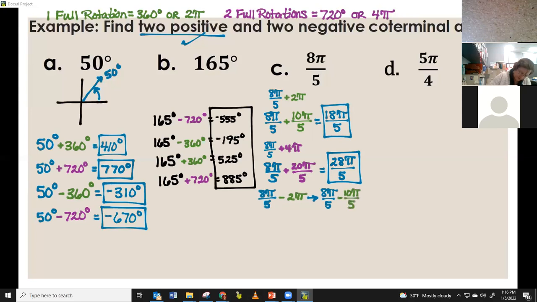So what is a negative coterminal angle for me then? Negative 2 pi over 5. Yep. And what about our last negative coterminal angle? How can I find another negative coterminal angle?